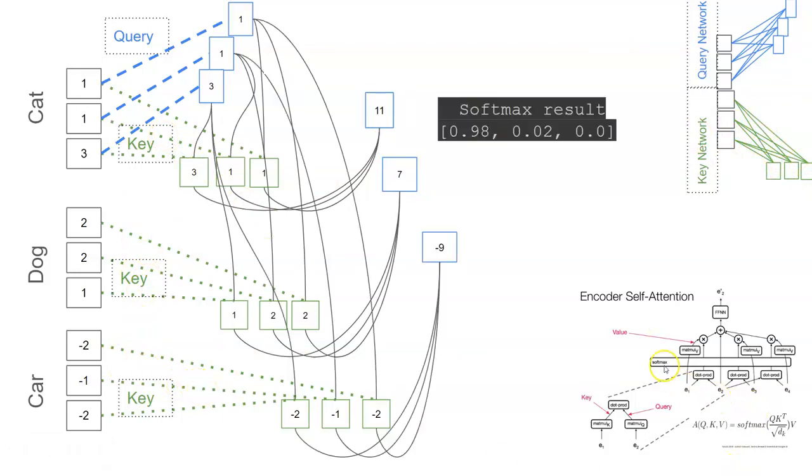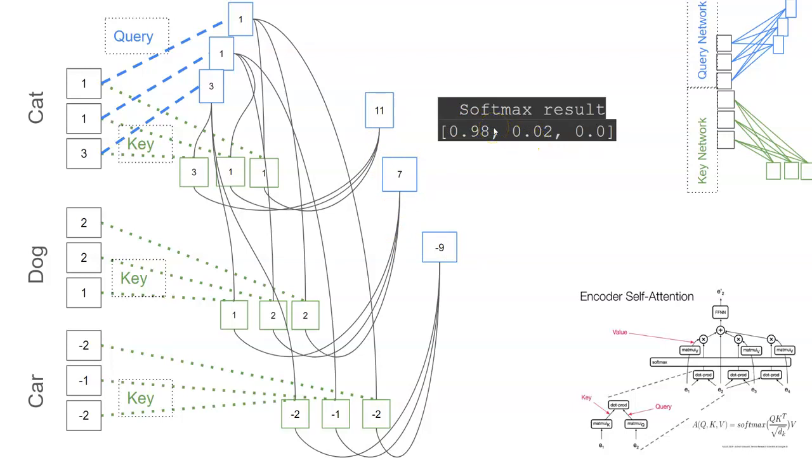And then we come to the softmax. And what is softmax? Softmax is helping the system so that the values are not exploding. These values are too big, so it makes everything sum up.